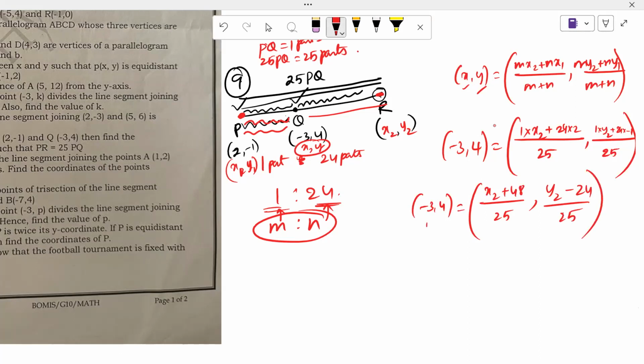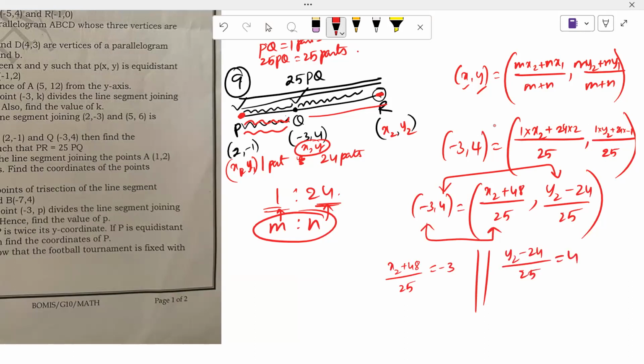Equate these two: equate the x coordinates and equate the y coordinates. Then you will get x2 plus 48 divided by 25 is equal to negative 3, and here you will get y2 minus 24 divided by 25 is equal to 4. 25 goes here and x2 plus 48 is equal to 25 times minus 3, which is minus 75. x2 is equal to minus 75 minus 48.